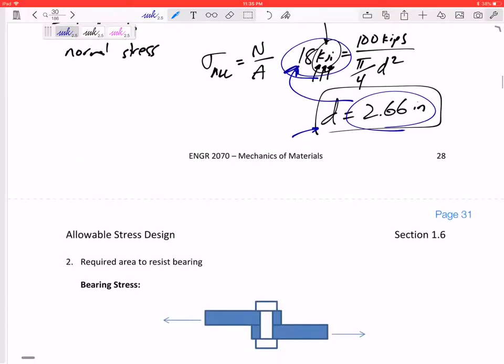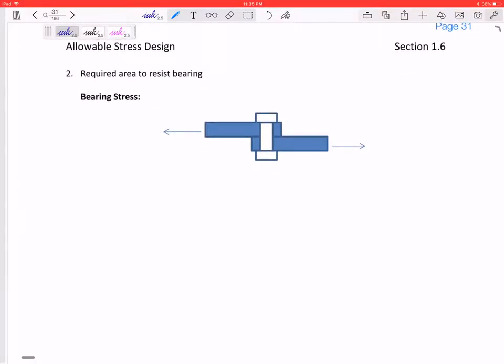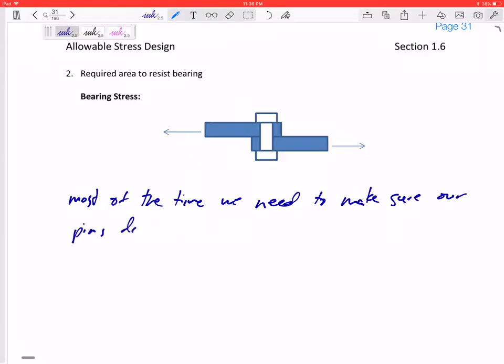Okay. All right, now, I said that most of the time pins fail due to shear. So let's say most of the time we need to make sure our pins don't fail under shear stress.